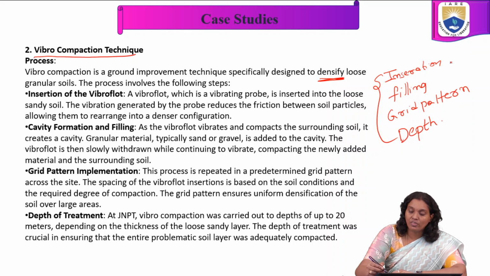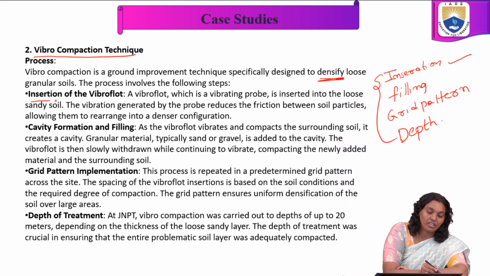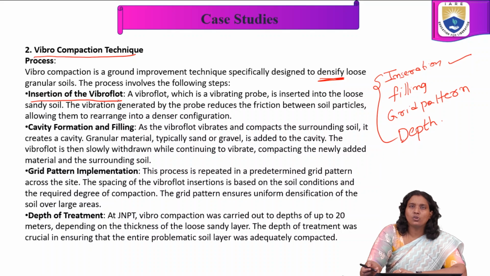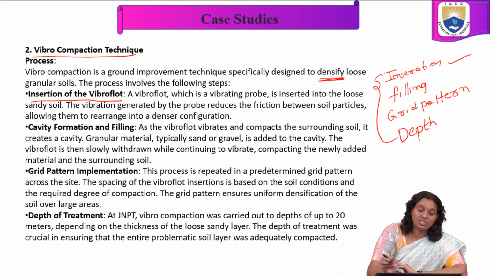So in this, the first one is insertion of the vibro float. A vibro float, which is a vibrating probe, is inserted into the loose sandy soil. The vibration generated by the probe reduces the friction between the soil particles, allowing them to rearrange into a denser configuration.